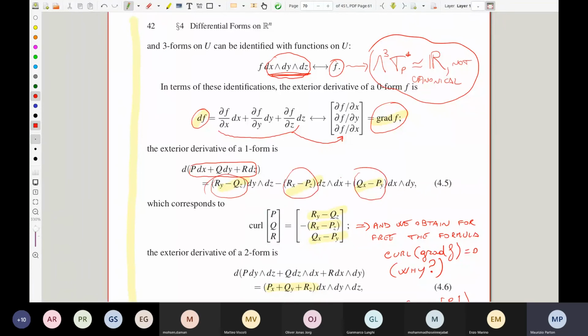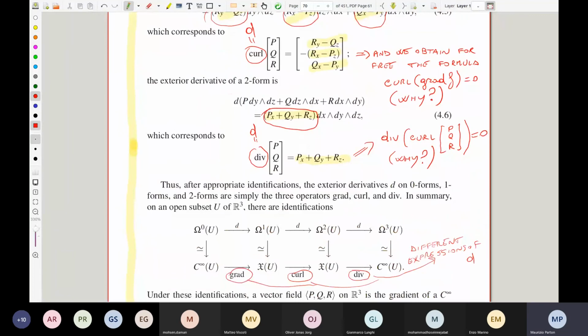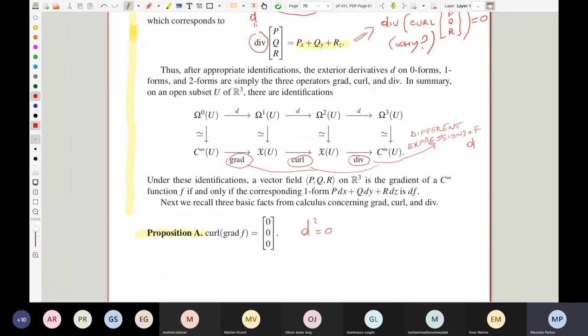So in this correspondence, the curl is just the differential. And if you do the same for two-forms, the divergence is just the differential. So gradient, curl, and divergence are just the same thing from this intrinsic point of view, an expression of the differential.